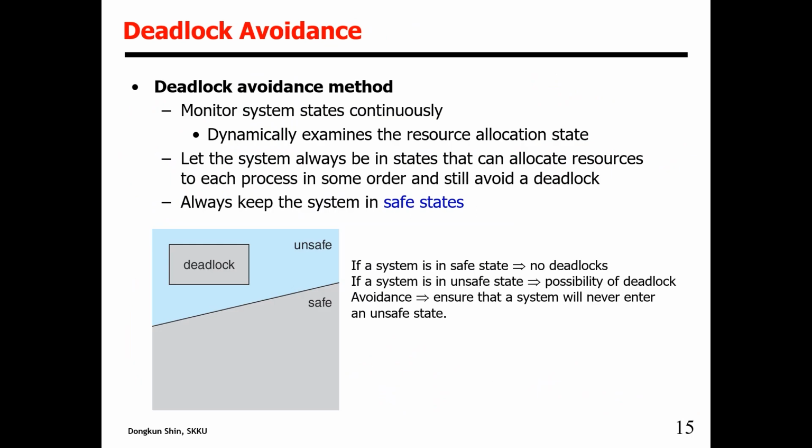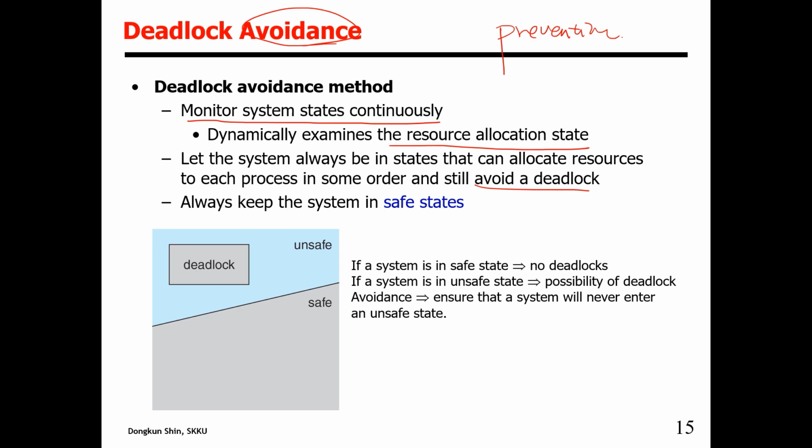Okay, until now I explained the deadlock prevention technique. Another technique is the deadlock avoidance technique. This technique monitors the system state continuously and examines the resource allocation state, then lets the system always be in a state that can allocate resources to each process in some order and still avoid deadlock.